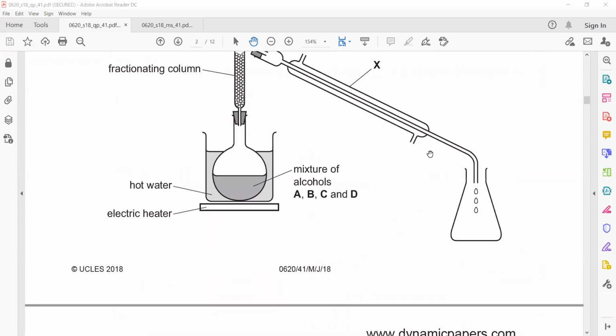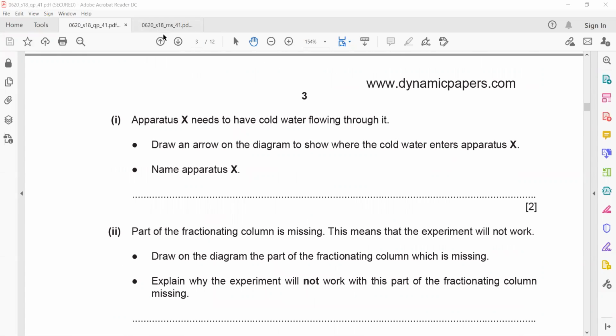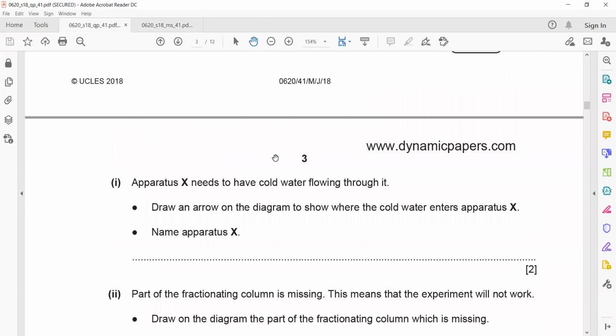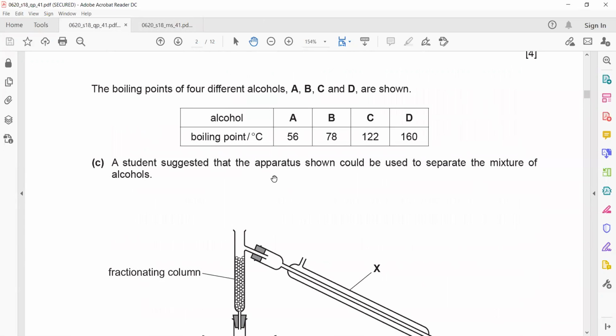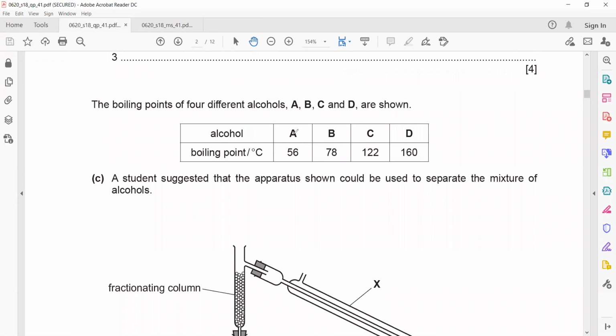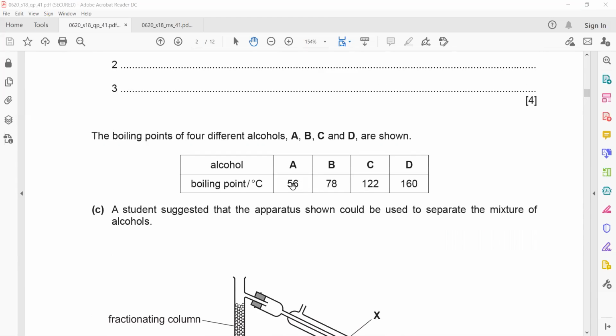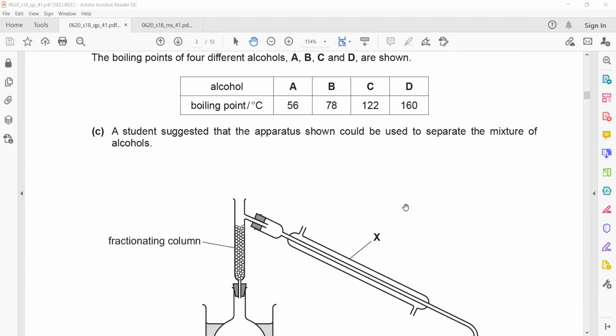Because this is based on the boiling point. If two substances have the same boiling point, then, as I mentioned in the question, the student's apparatus could be used to separate a mixture of alcohols, and A is 56, B is 78, C is 122, and D is 160.